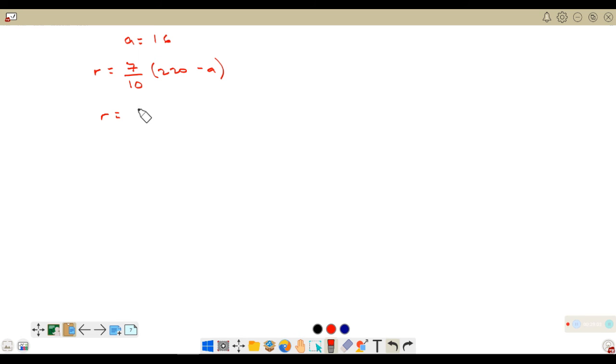So, we have here 7 over 10 times 220 minus 16. So, please get your calculator and then solve this equation with me. We have R is equal to 7 over 10 times 220 minus 16 is 204. Tama?